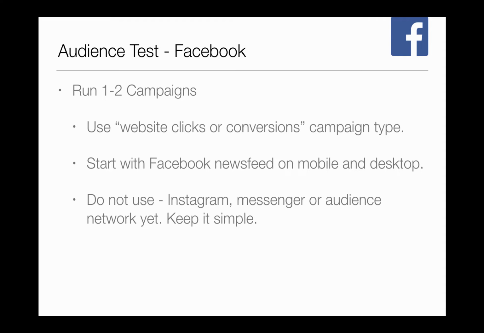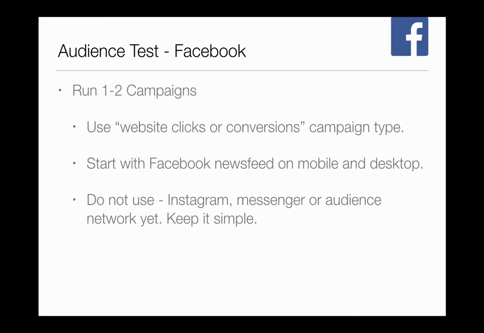Start with the Facebook newsfeed on mobile and desktop. Don't worry about Instagram and all of those other advanced placements. Just start super basic with the main newsfeed. You'll get much better results that way. And as I just said, don't bother about Instagram, Messenger, Audience Insights, Audience Network just yet. You want to really nail the basic stuff first before you move on to that.